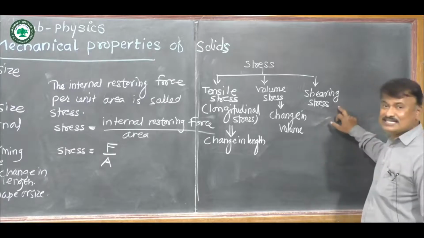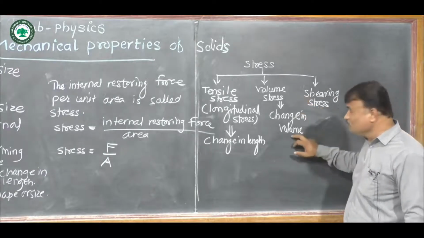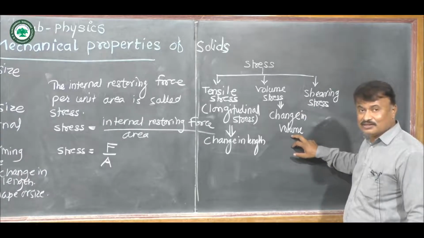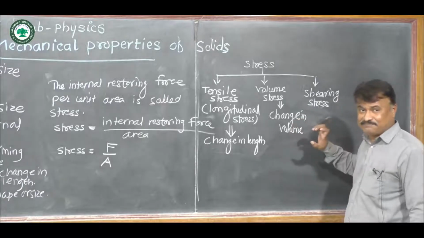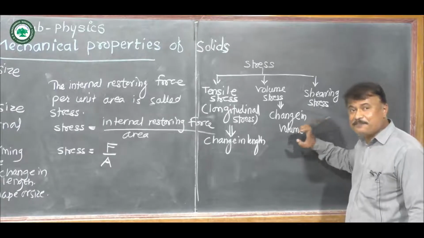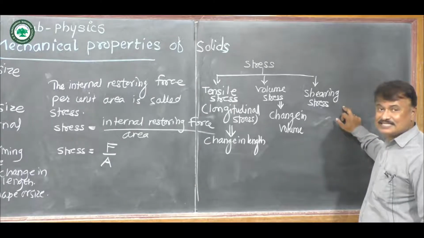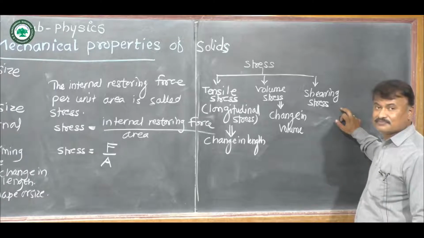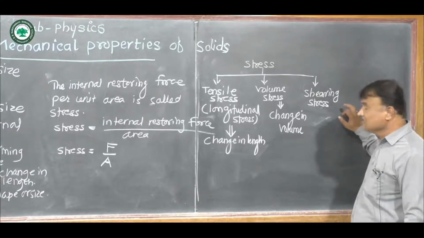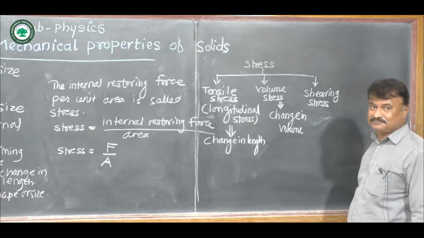Last stress, shearing stress. In case of volume stress, there is no change in its shape, only size changes. Shape remains same. In case of shearing stress, there is change in the shape. So such type of stress is called shearing stress.